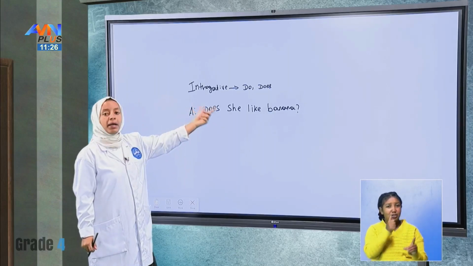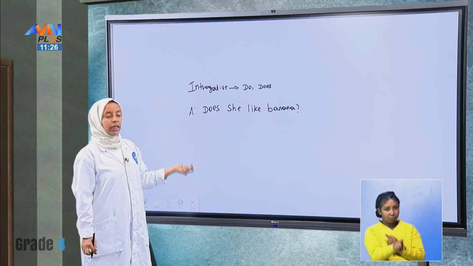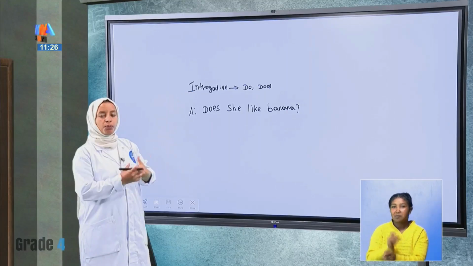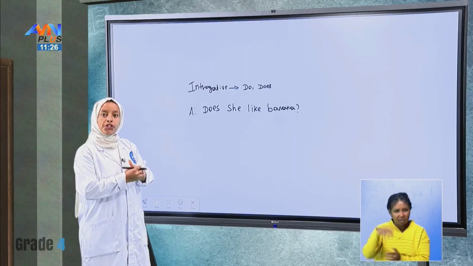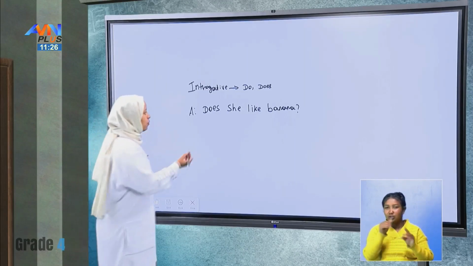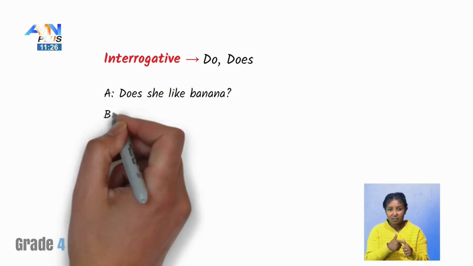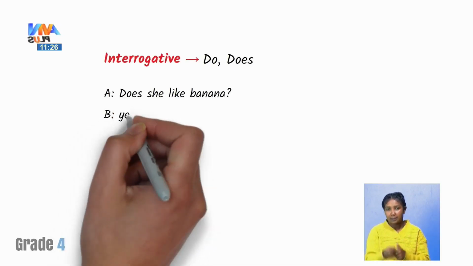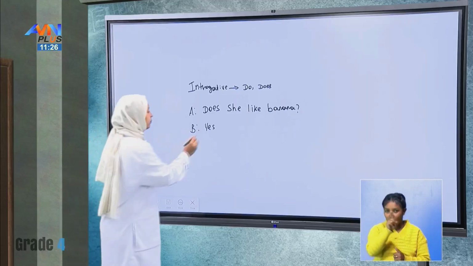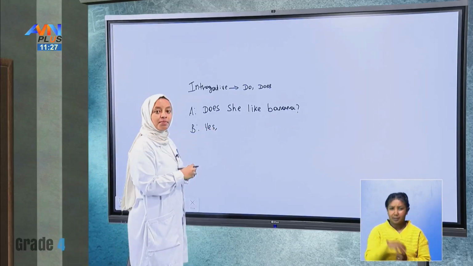Does she like banana? The next student can answer the question. For example, yes, she does. Or no, she doesn't. So student B maybe say what? Yes. And use what? Comma here. Yes, she does.